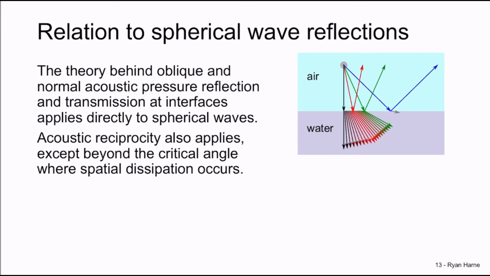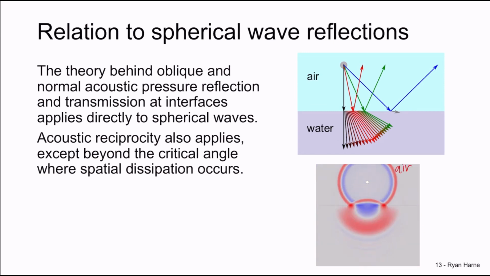Acoustic reciprocity also holds for all of these cases except angles of incidence beyond critical, because there's spatial dampening, which is a non-conservative phenomenon that's not applicable for reciprocity. So in this simulation, we see a spherical source above water, air to water. And what we find is that the wave that propagates in water does not propagate for all angles of incidence.